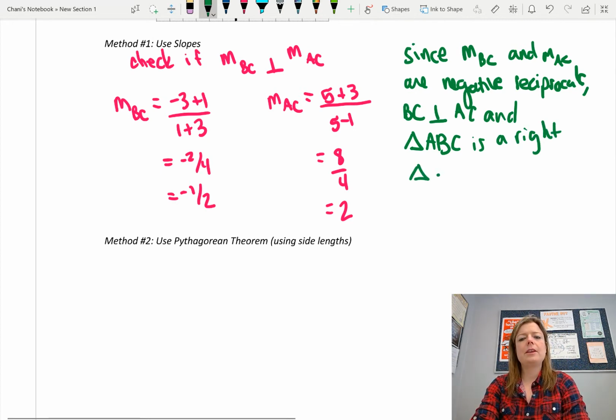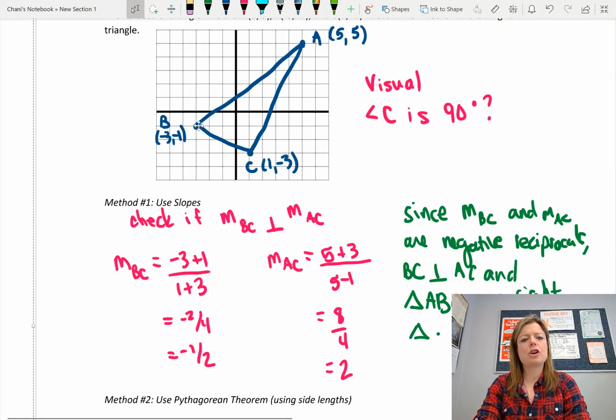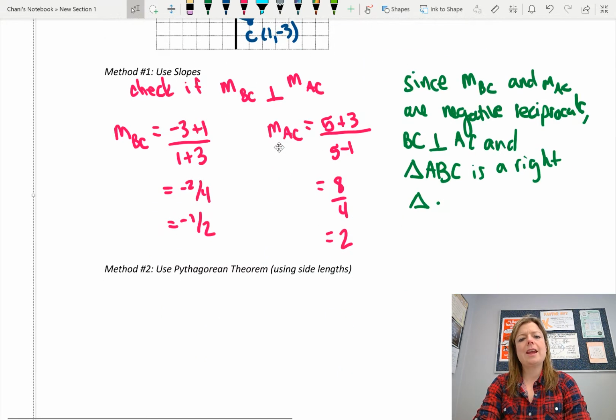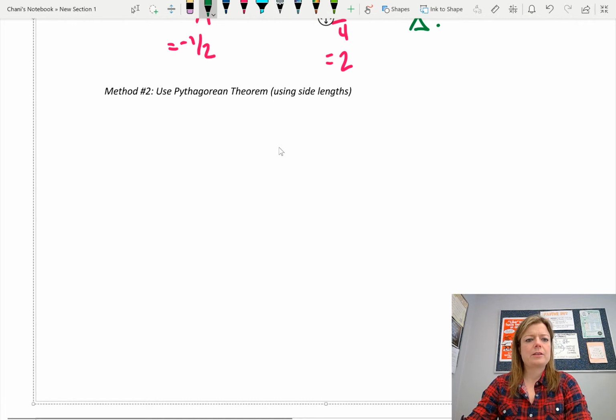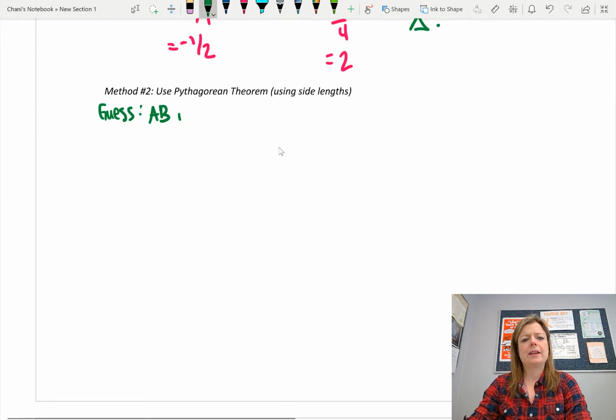All right, now the other way is to use the Pythagorean theorem. So to show that BC squared plus AC squared equals AB squared, okay? So AB is our potential hypotenuse. So our guess is that AB is the hypotenuse.